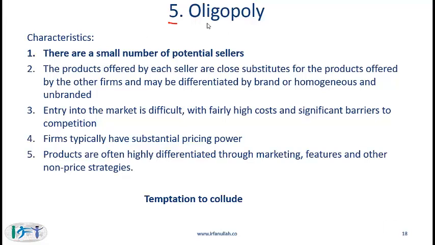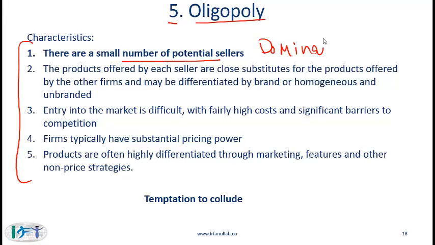Section 5, Oligopoly. Here are the characteristics which have been taken from the curriculum. The most significant characteristic of an oligopoly market is that there are a small number of sellers who dominate the market. The products offered by each seller are close substitutes for the products offered by the other firms.